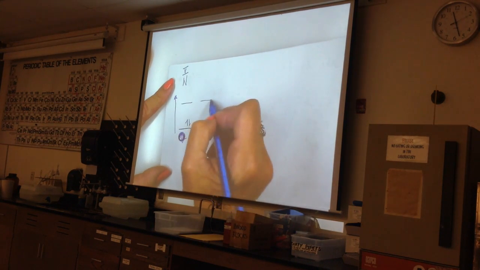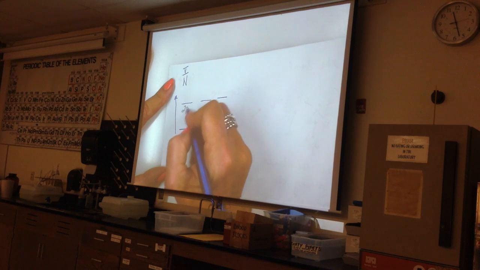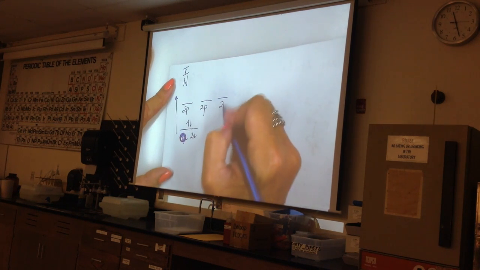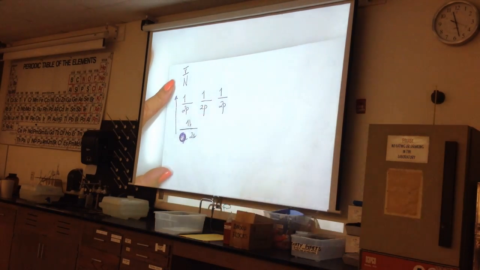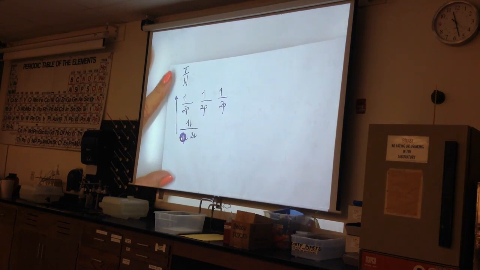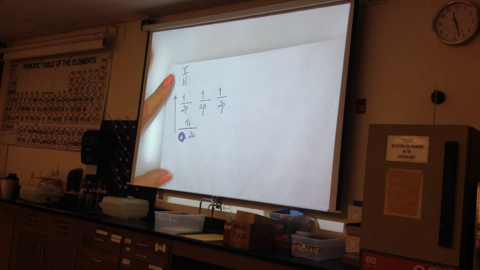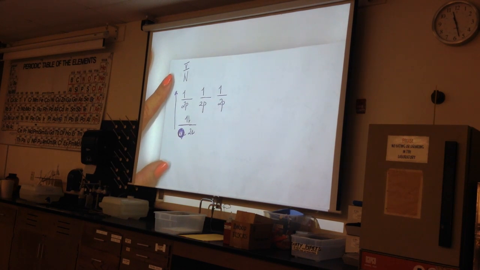In the 2p's, nitrogen has 1, 2, and 3. So this is atomic nitrogen.